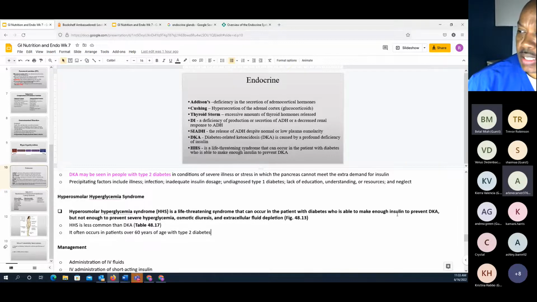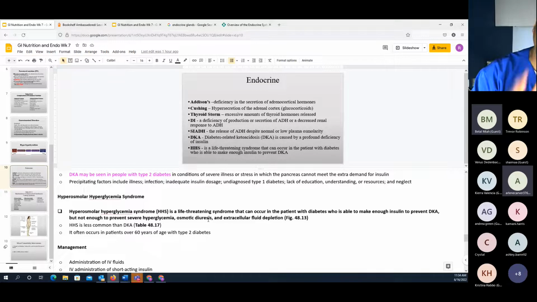These patients are producing insulin, but not enough to prevent severe hyperglycemia and this osmotic diuresis. Sometimes the extracellular environment can be so hypertonic because of all that glucose, it causes you to urinate a lot. Remember the polyuria in your patients. The glucose levels are so high, it has an osmotic diuretic effect, and that's why your patients excrete a lot of urine, polyuria.